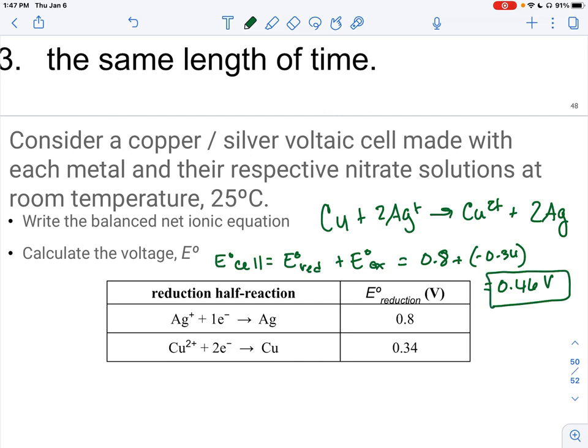And so this is our E naught value. Remember we said at the end of the last video that it doesn't matter that it's 2Ag and 2Ag plus, that doesn't change this number. E naught is an intrinsic property. It does not change based on the amount.